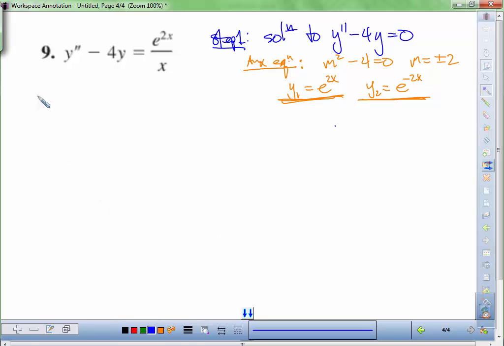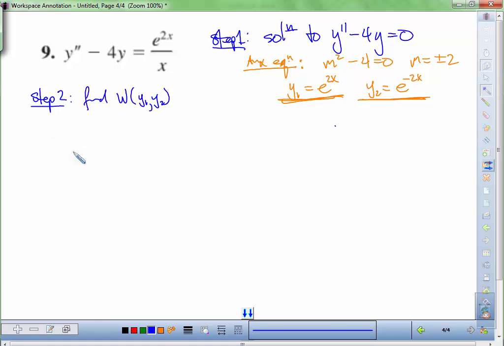Okay, step 2. Find the Wronskian of the 2 solutions that we just got, the 2 fundamental solutions. So I'll put y1 and y2 there.